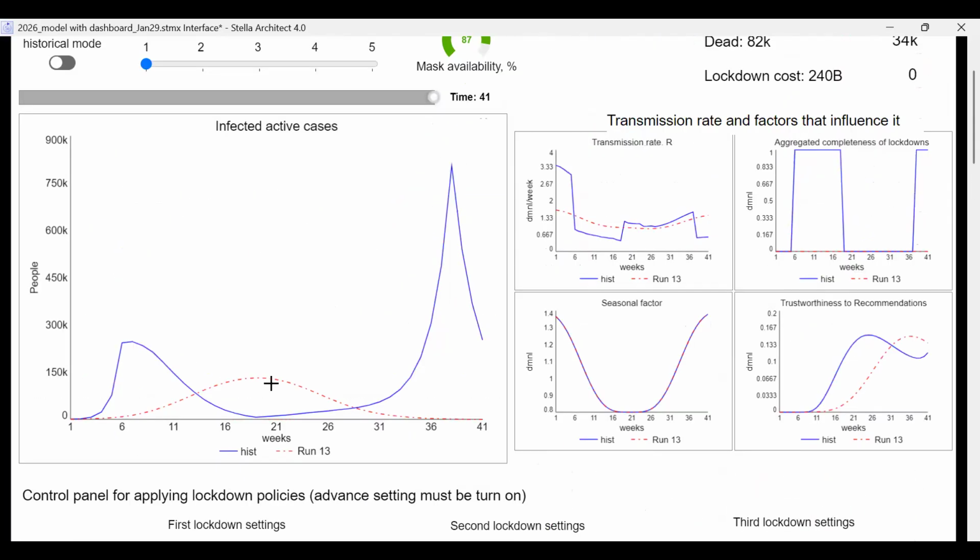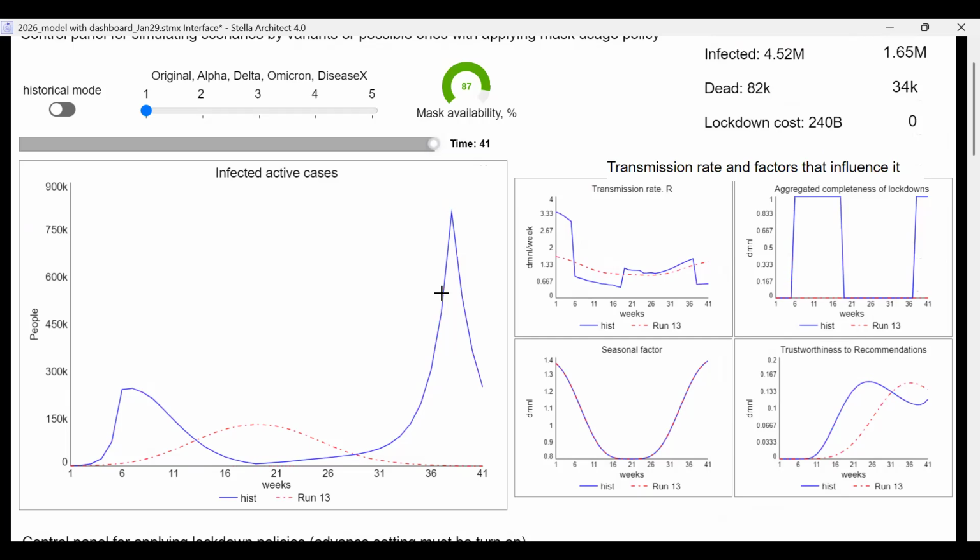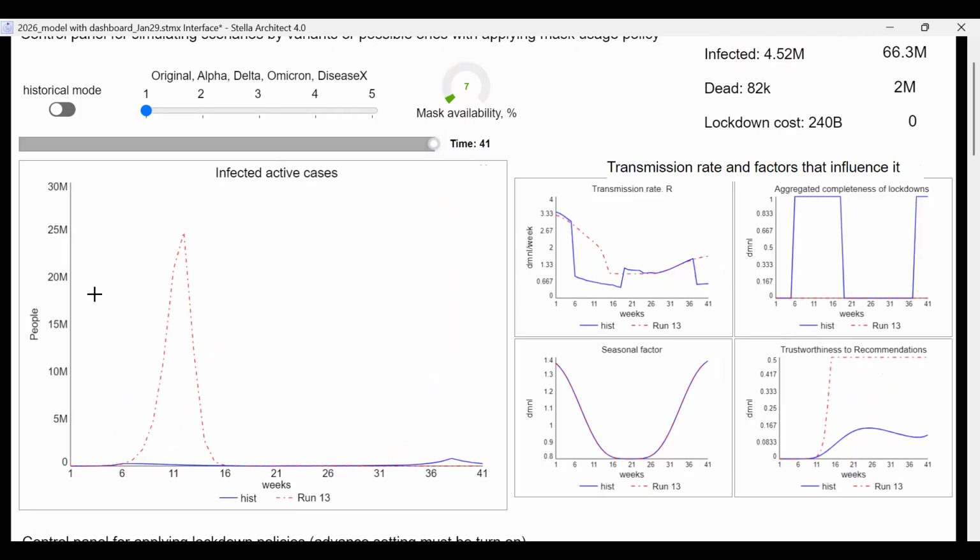And we see that the graph changed again. Now we see that if we remove masks completely, we see a huge spike of infected people on the 11th week. That's actually what led to lockdown. So let's put, for example, something around 80–85%.